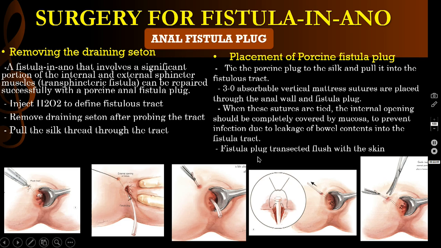The fistula plug is transected flush with the skin at the level of the external opening here. So this tract will be occluded by this porcine fistulous plug. This is the best procedure because we are not creating any wound. We are just plugging it.